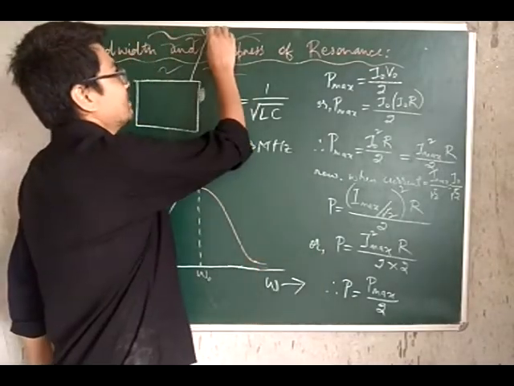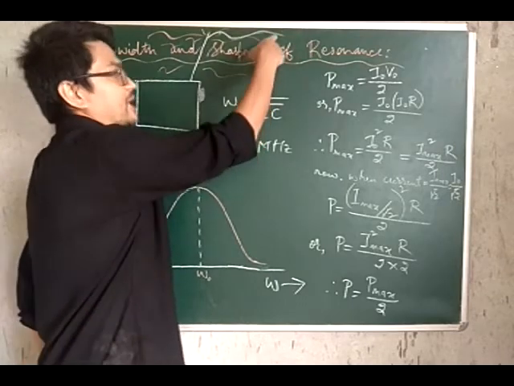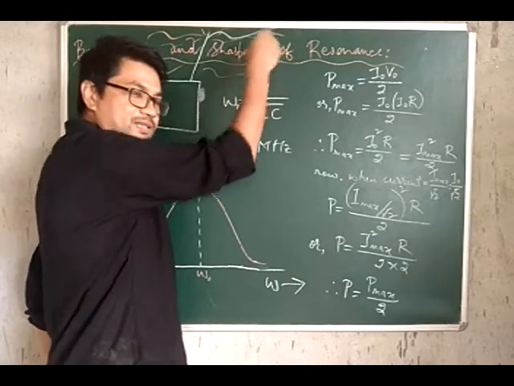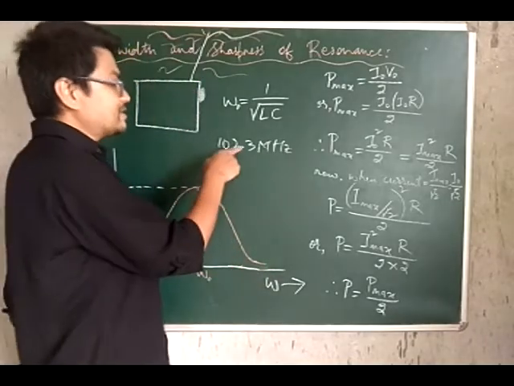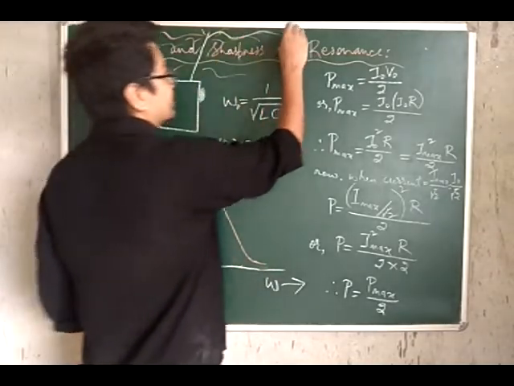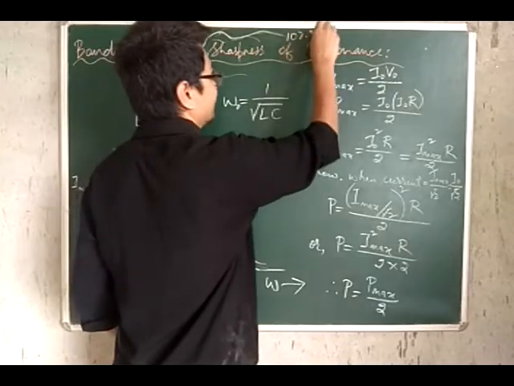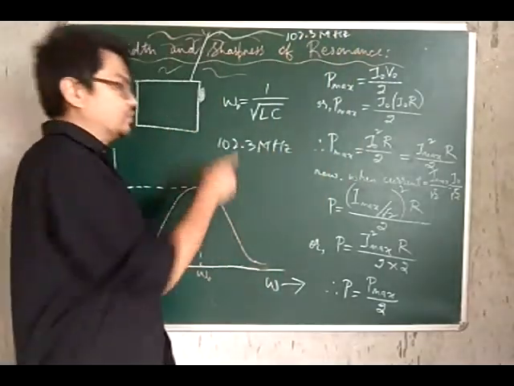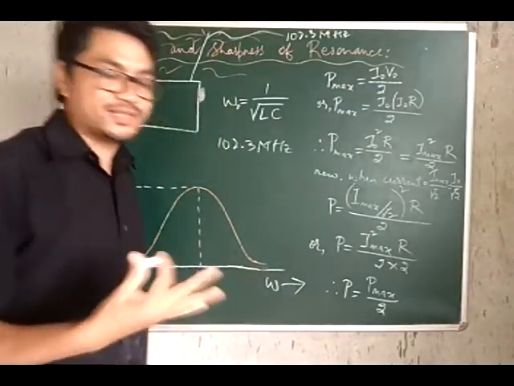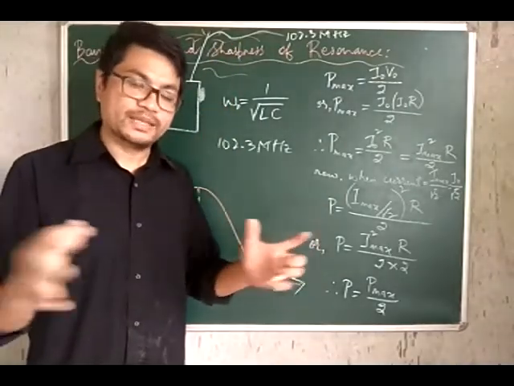And there is this nice wave, having frequency 102.3 megahertz, coming from the FM station in Kershon. Alright? So, since these two frequencies match, therefore, so to say, they resonate with each other.